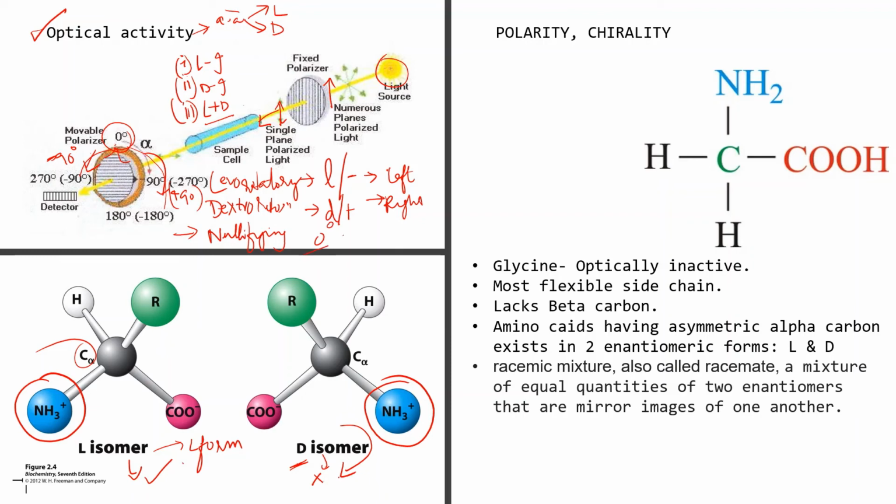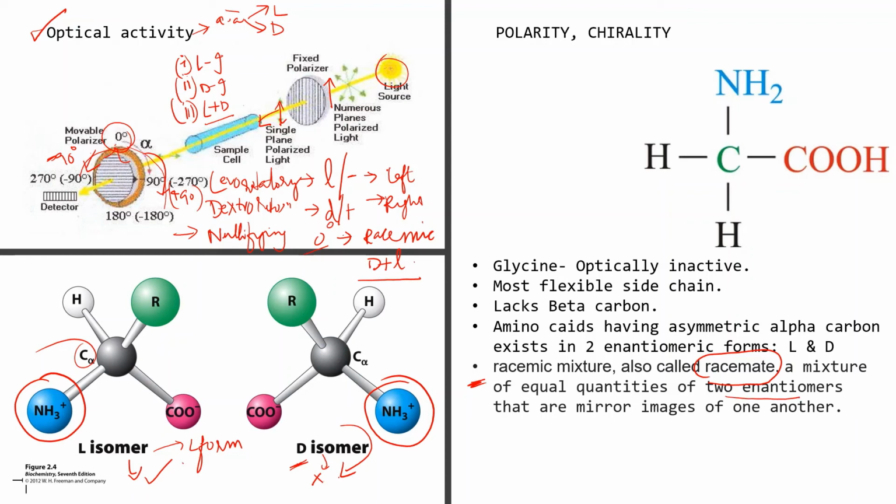It does not mean that the light has not rotated; it means that both of the isomers have cancelled each other and there is no rotation. So this is also called a racemic mixture, when there is an equal quantity of D plus L. It is also called a racemate, a mixture of equal quantities of two enantiomers.